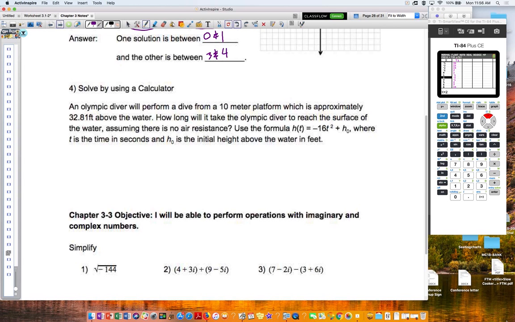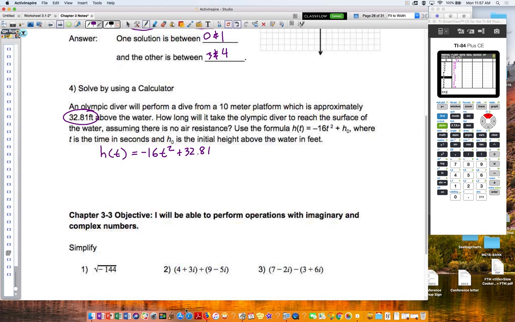Okay, so to do this problem, I'm going to take that equation, h of t, so I get negative 16 t squared, but the h sub 0 is how high the diver is above the ground. So I can substitute in 32.81 feet. So what I want to do is figure out where this diver is hitting the ground.